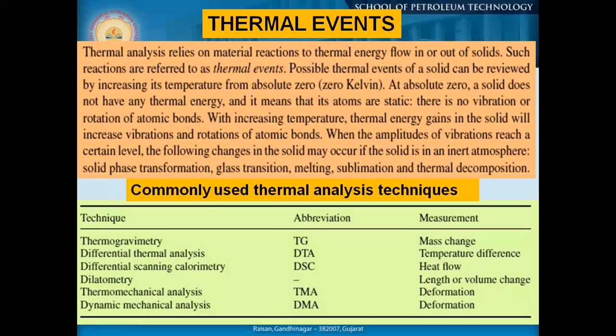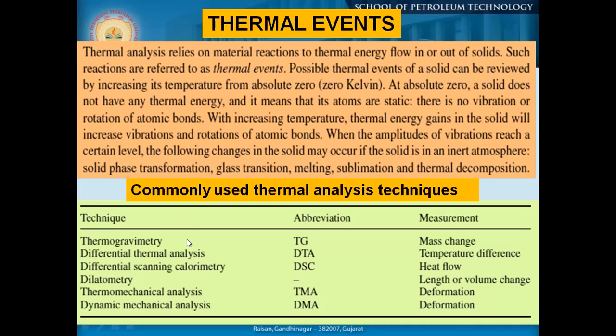And when the amplitude of vibration reaches a certain level, the following changes occur. Solid phase will change to liquid phase or maybe gaseous phase. You may have a glass transition. It may melt, it can sublimate, or it may see a thermal decomposition of the material. So by using the temperature input, a thermal budget into the system, we see different types of changes.